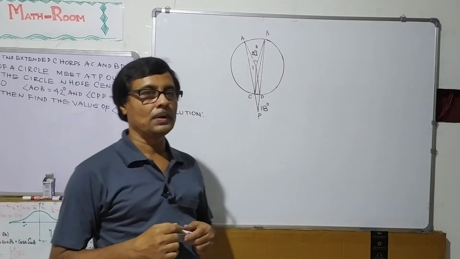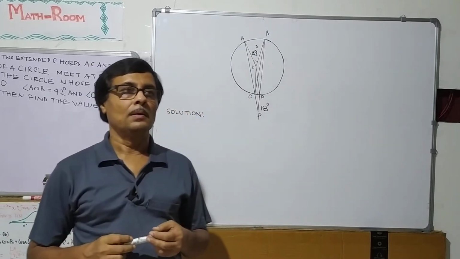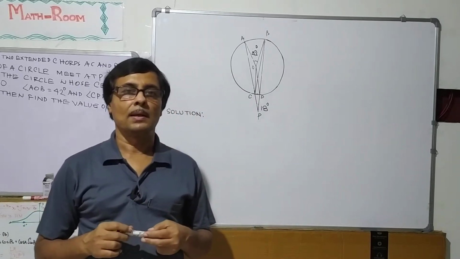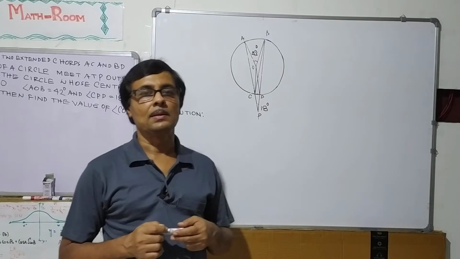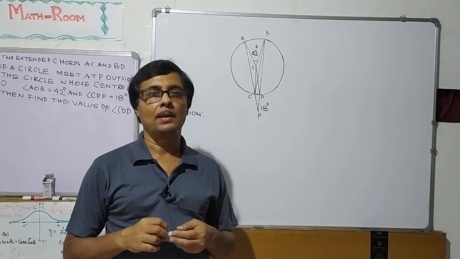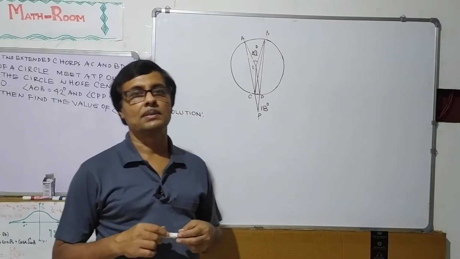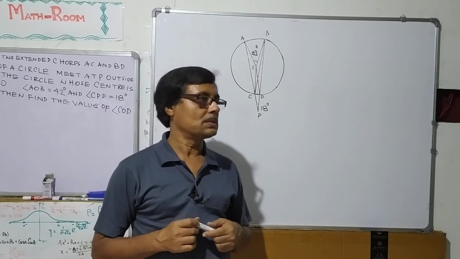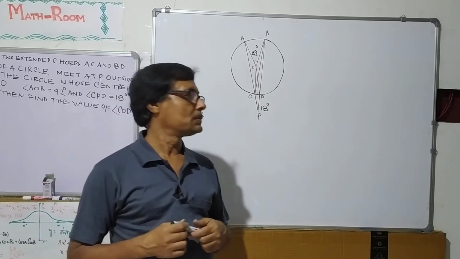One of the properties of the circle is that on the same arc, the angle at the center is equal to twice the angle at the circumference of the circle. Here we use this property to solve this problem.